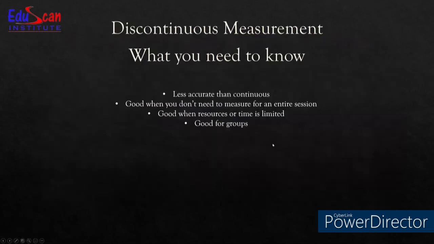It is good when resources or time are limited, and certainly it is good for groups. So discontinuous measurement is a tool of measurement for RBTs or BCBAs who do behavior modification, observe behavior, and do the data collection. Thank you.